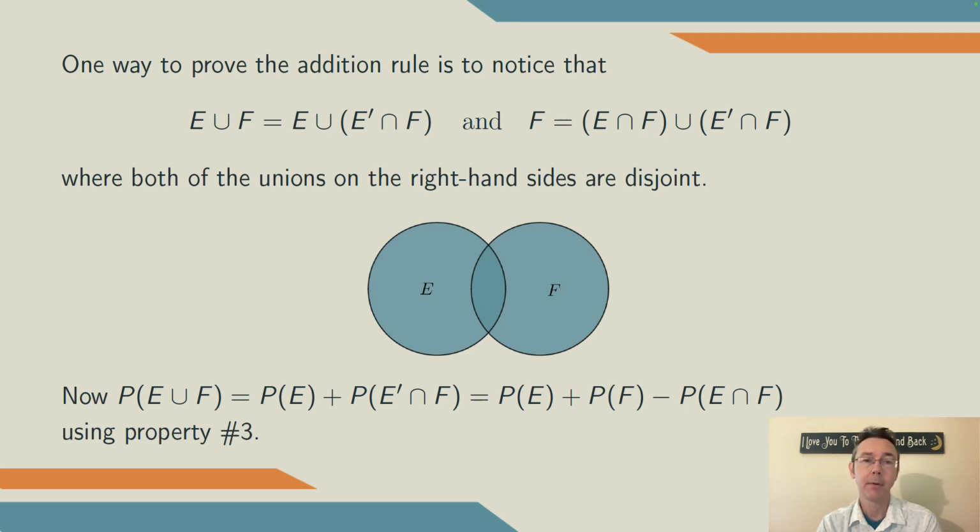So if we apply property 3 of probability functions to that equation in the upper right, we get that the probability of F is the probability of E intersect F plus the probability of E prime intersect F. And if we rearrange that a little bit, we can get the probability of E complement intersect F equals the probability of F minus the probability of E intersect F. So plugging all that into the equation at the bottom, we get the result. The probability of the union is equal to the individual probabilities minus the probability of the intersection.